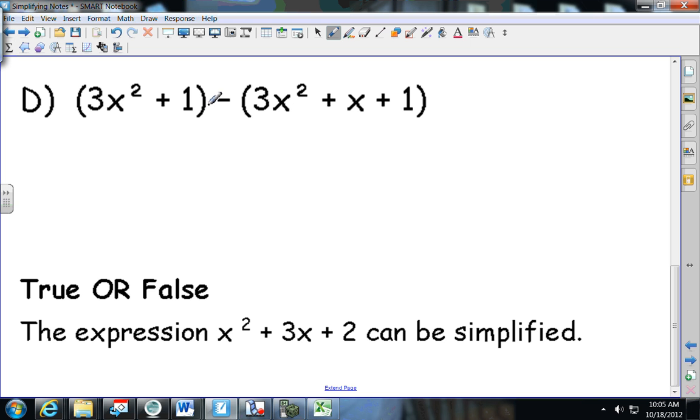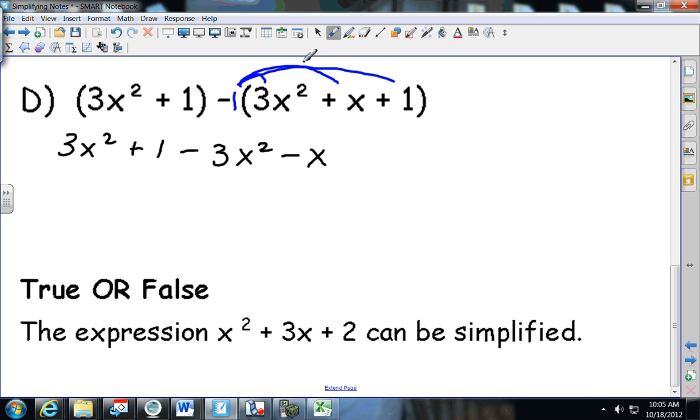On letter D, we have the minus sign again, so that's a negative 1 right there. You're going to have to do the distributive property only on what's in the second parentheses. The first parenthesis stays the same, 3x squared plus 1. Negative 1 times 3x squared, negative 3x squared. Negative 1 times x, negative x.